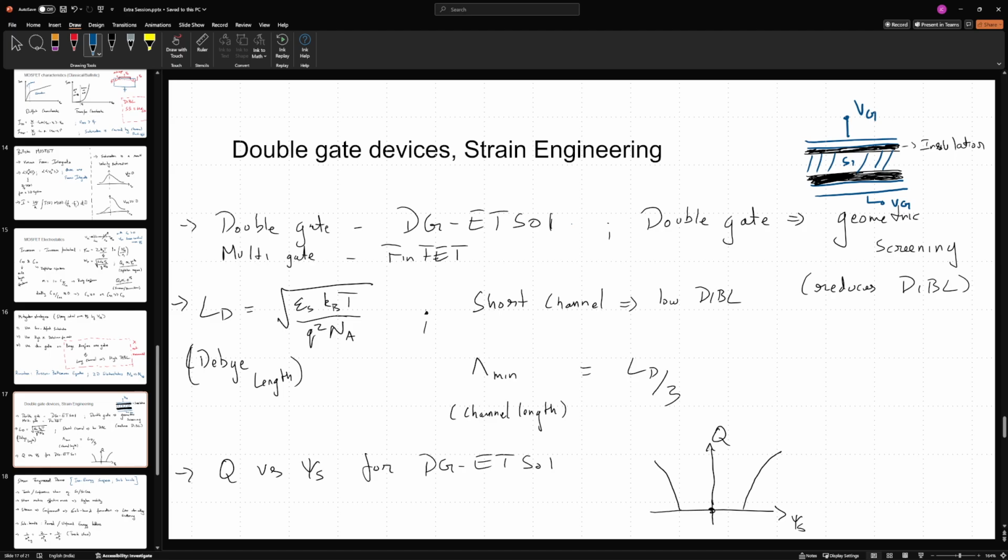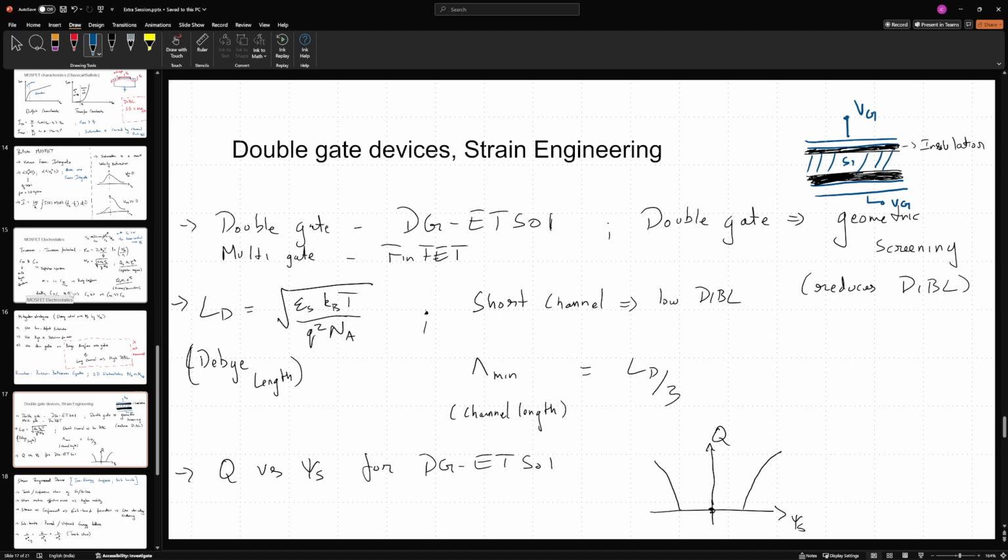So now we come to the last part where we are considering double gate devices. Now, why do I need double gate devices? Yes, this is something that I also did not discuss. So, what shall I do here?